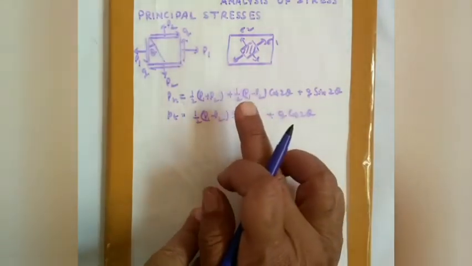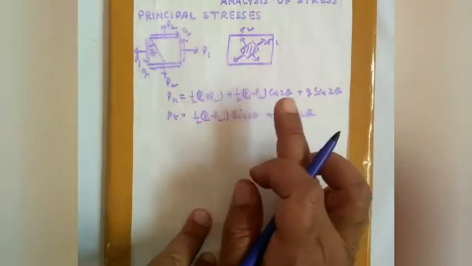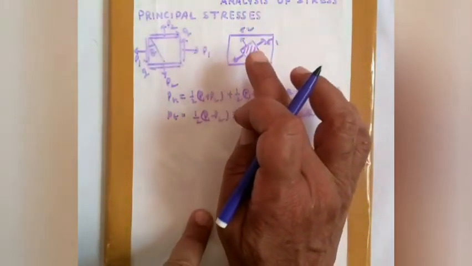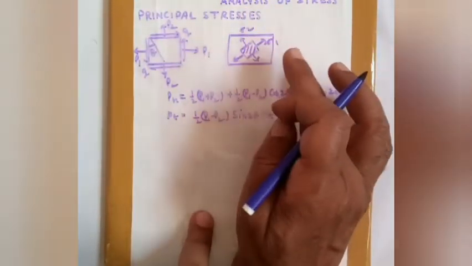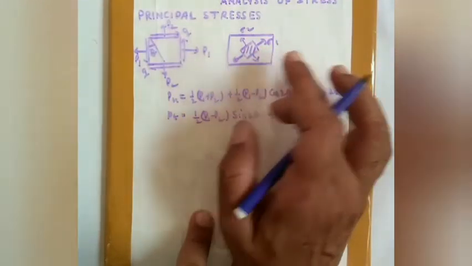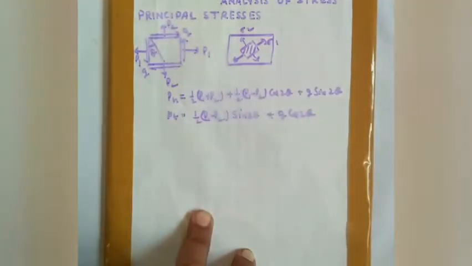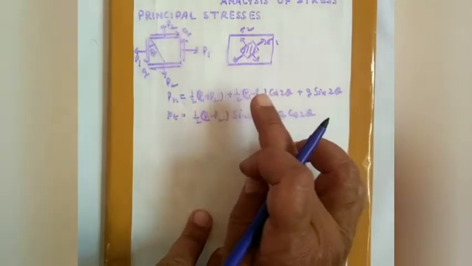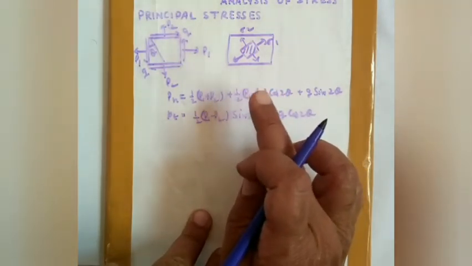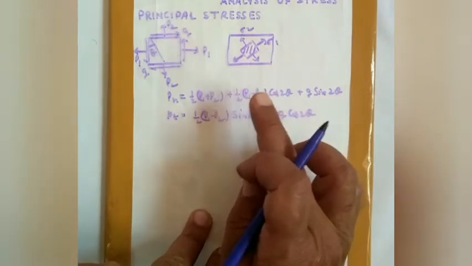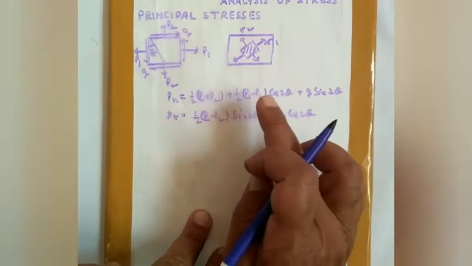In a three-dimensional system, it is found that at any point of the stress element, there exist three planes on which only normal stresses act and there is no shear stress. The maximum normal stress is called the major principal stress, and the plane at which it acts is called the major principal plane.